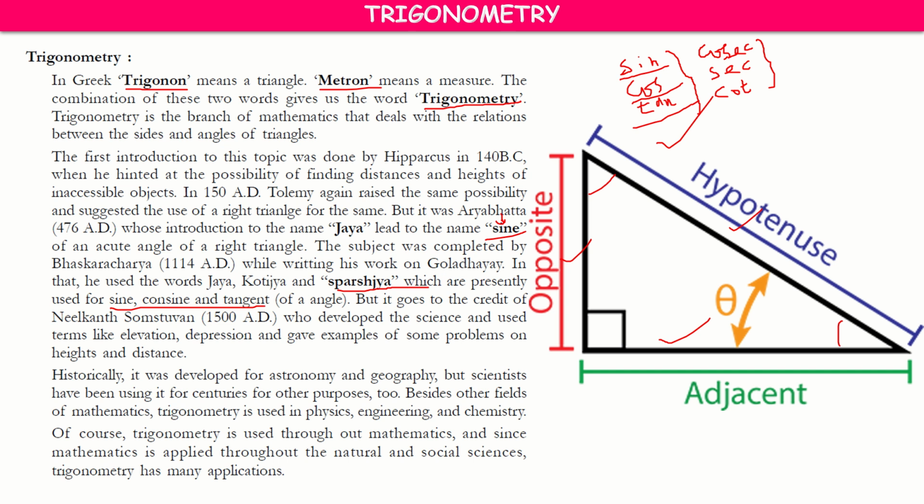Jaya is sine, Kotijaya is cosine, and Sparsha Jaya is tangent. Like this they kept the names. Later the names became the modern ones: sine, cos and tan.